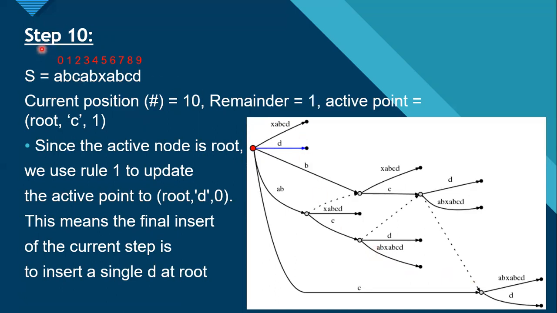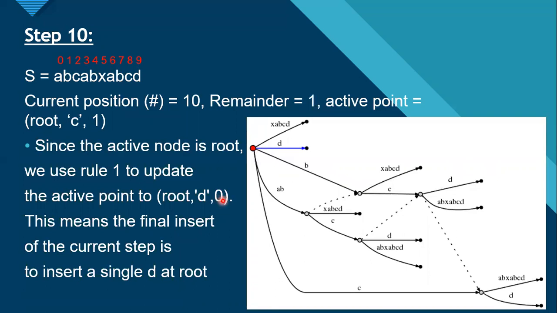We are still in step 10. The current position is 10. Our remainder is 1. Our active point is root C1. And since the active node is now the root node, we use rule number 1 to update the active point to be root D0.